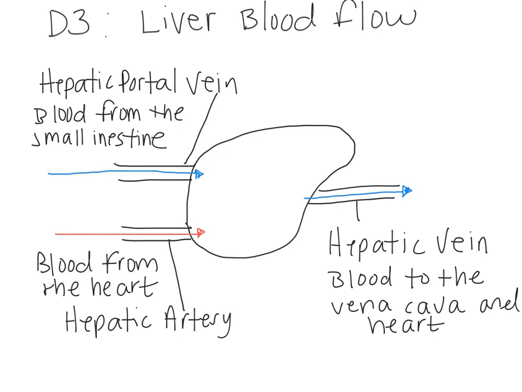And this blood has a very steady level of nutrients. So the job of the liver is to regulate the nutrient level in the blood so that the nutrient level in the blood leaving the hepatic vein is constant.